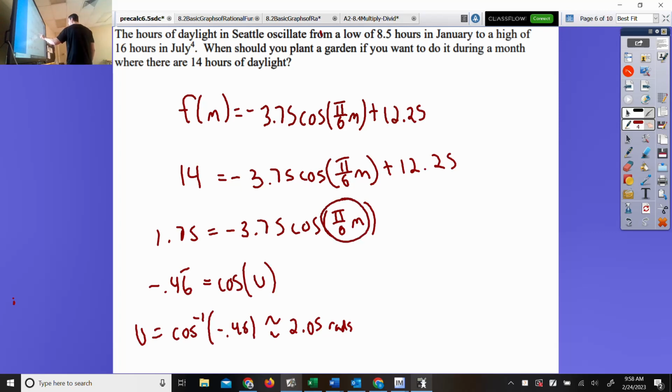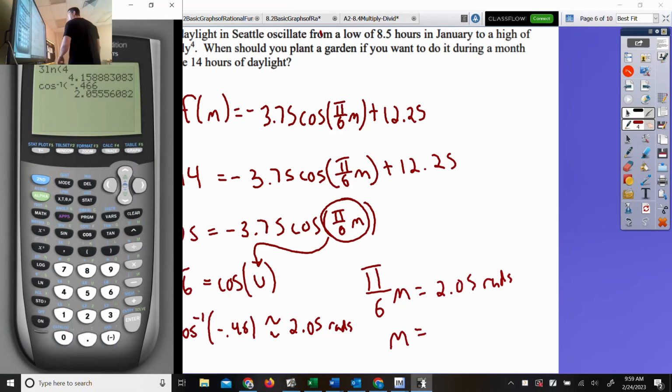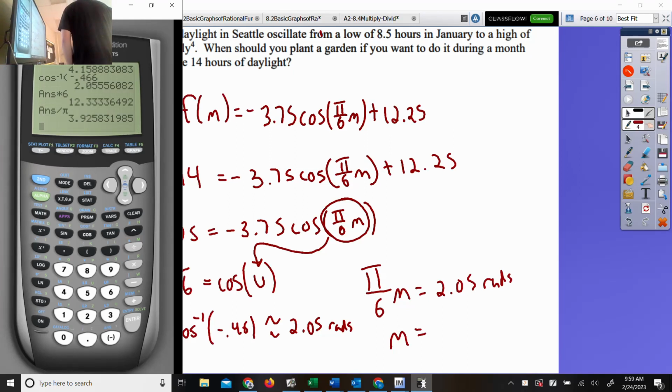Remember we use the u method here? Pi over 6 months is equal to 2.05 rads. We're not going to end up with a degree or a pi rad or anything, we're going to end up with a month. So you multiply by 6, divide by pi. Times 6 divided by pi. 3.93 roughly.